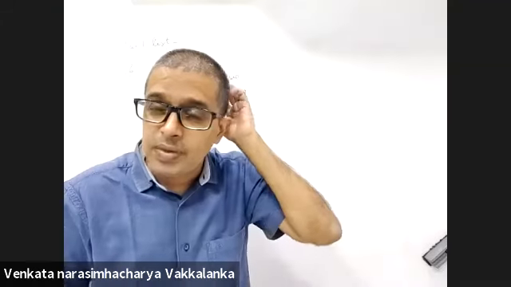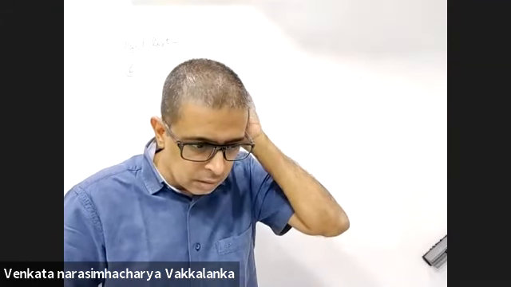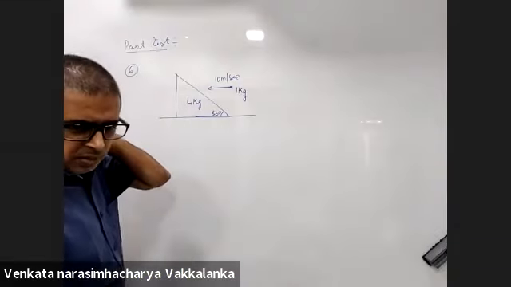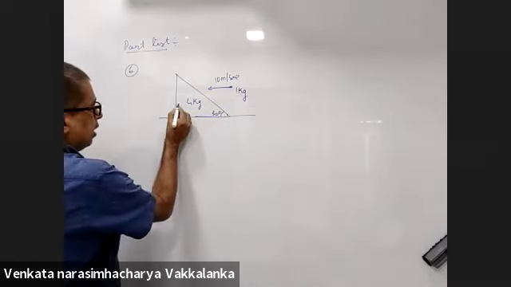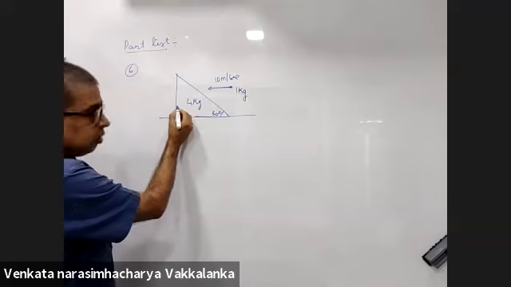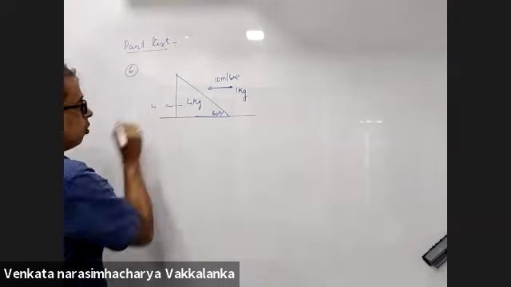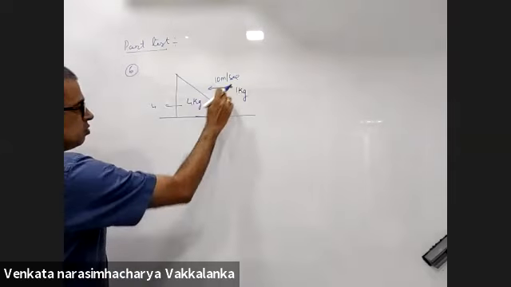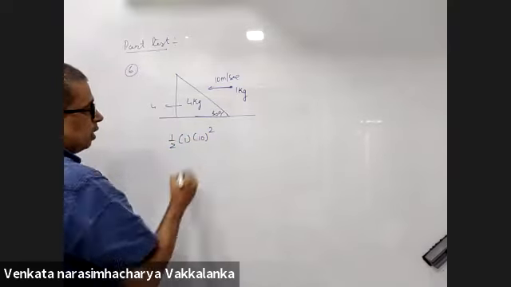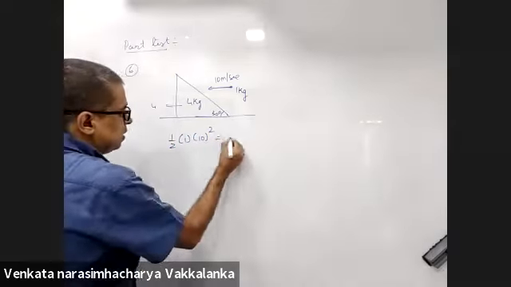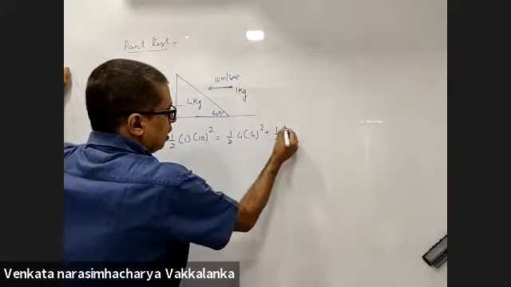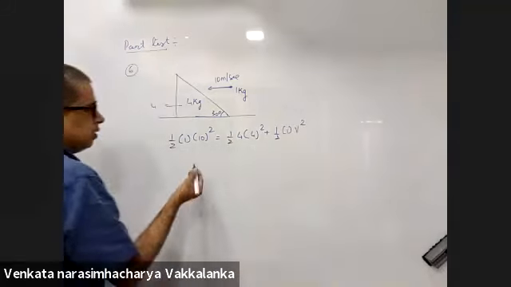Will you people say something? So I think the values given are not correct because my answer. Wait. Let v be the speed of the ball after collision and let this be v naught. Now this velocity, how much is it given? This will be 4 meters per second. So firstly, it is an elastic collision. So half into 1 into 10 square is the initial kinetic energy, equal to half into 4 into 4 square plus half into 1 into v square.